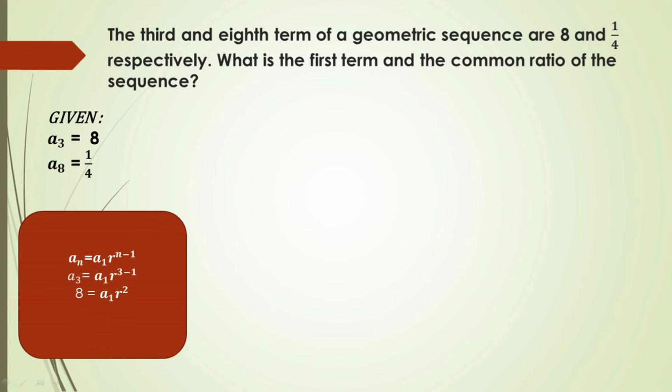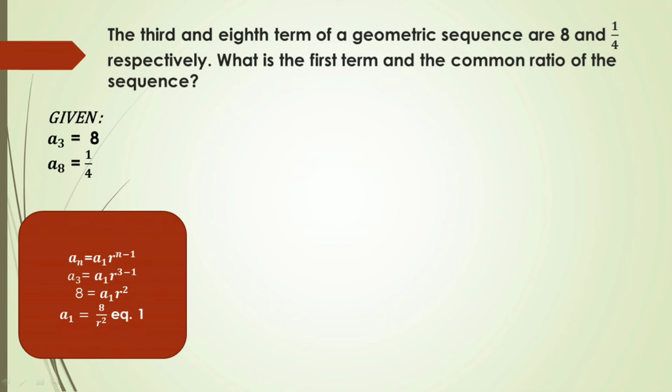Then, divide both sides by r squared para ma-cancel out yung r squared sa kabilang side, para a sub 1 yung matira. So our first term is equal to 8 over r squared. That will be our new equation or the first equation.